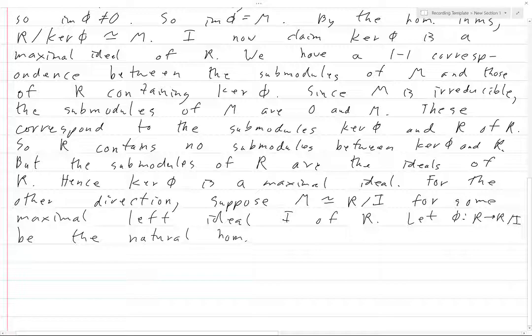Turns out natural here has a very specific meaning when you get to category theory, but I don't know what that is, and you don't need to know it because it's obvious. It's the obvious map. You send r to r plus I. There you go. It's natural.